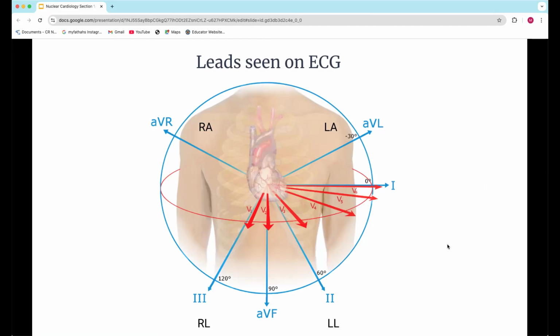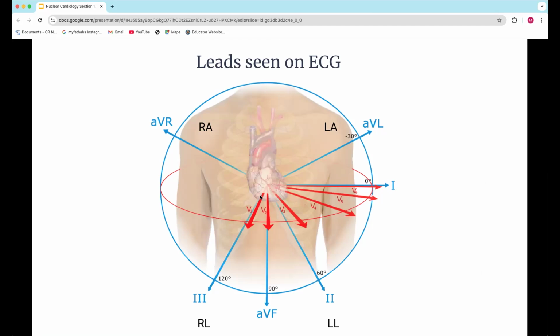So what an EKG lead is looking for, it's just a sensor that is essentially looking for some kind of wave, or it's looking for an electrical pulse or a signal. Okay. So what V1 through V6 are doing, they are their own individual lead. And when you look at an EKG, they have their own little individual squiggly line on the EKG.